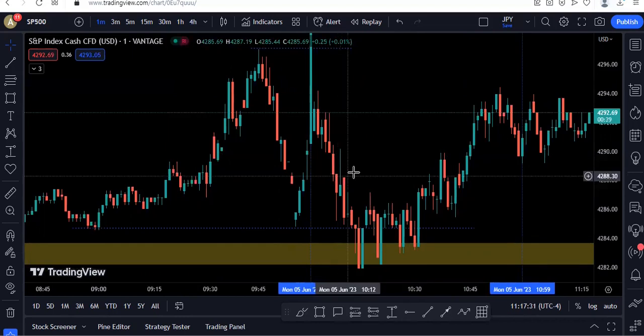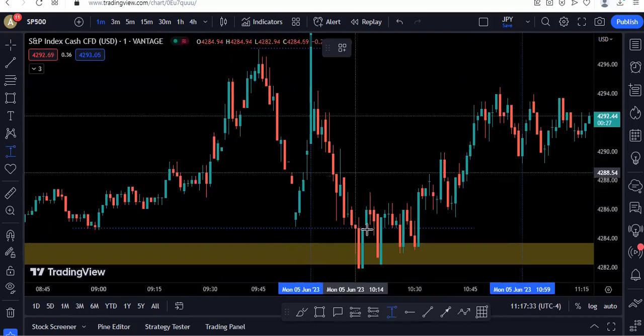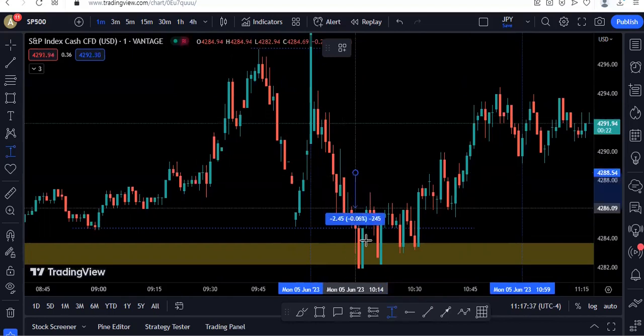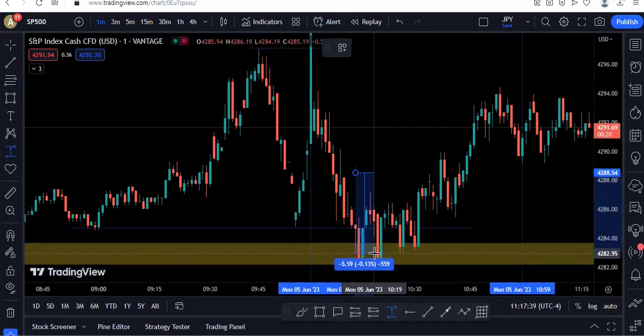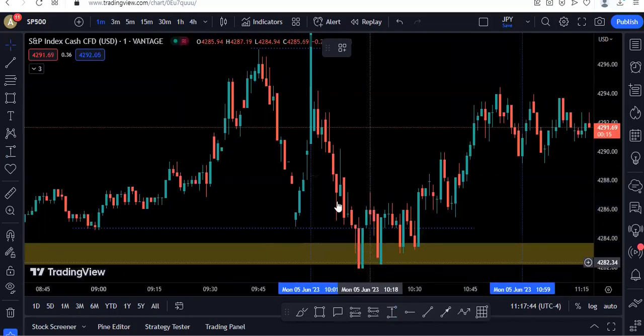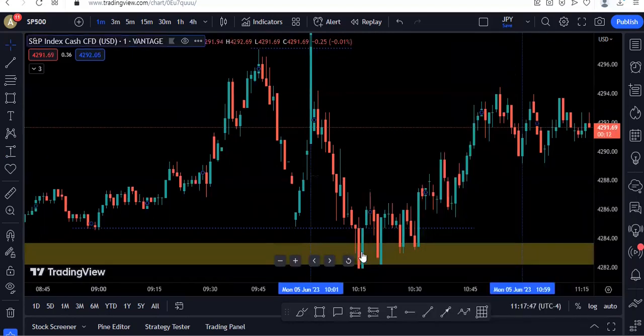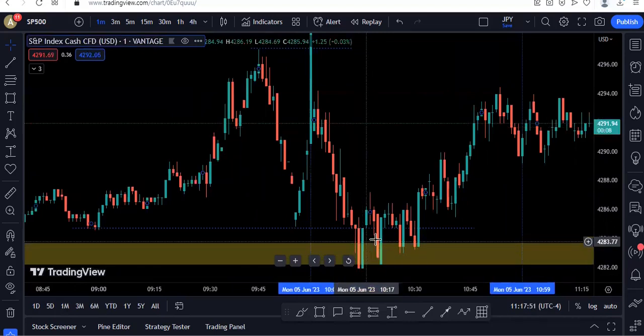Let me see how many handles it provided. You could have had at least around six handles, easy, taking profit right before price was going into the weekly opening gap.